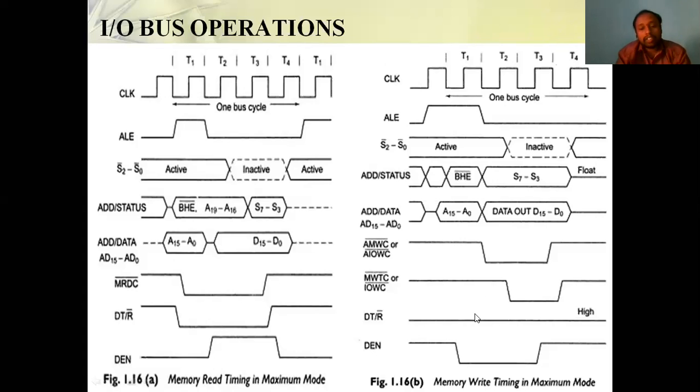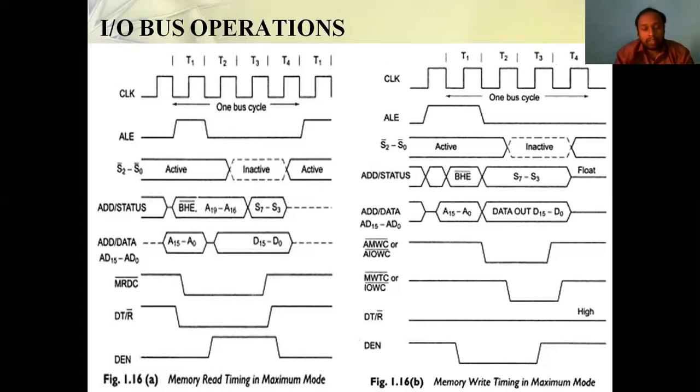Coming to the write operation, in the same way, ALE is the address: whatever you give on AD0 to AD15 is treated as the address line. After ALE gets low and DEN gets high, at that situation we treat AD0 to AD15 as the data pins.